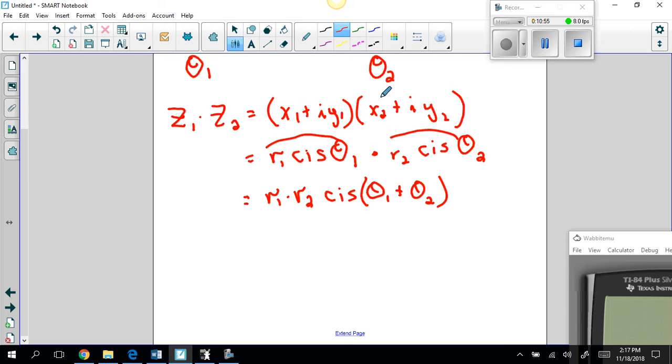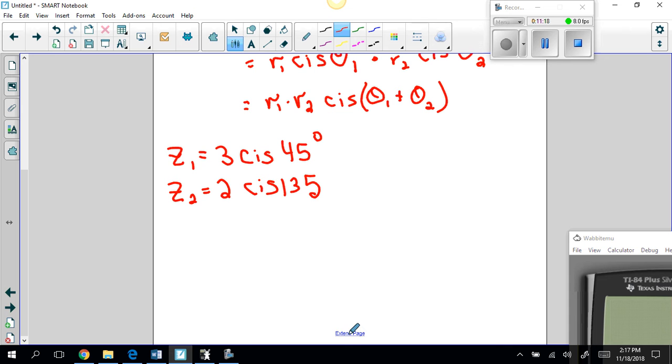So let's look at this right here. If I'm nice and give you some complex number z1 to be 3 CIS 45 and some complex number z2 to be 2 CIS 135, without asking any questions, I'll tell you what the product of these are.